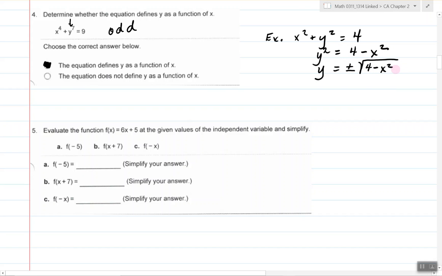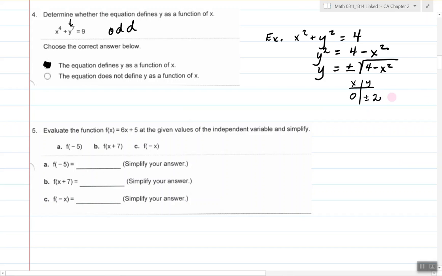If you picked a value for x, plugged it in, squared it, subtracted from 4, you would get two different answers. If x is 0, 0 squared is 0, subtracted from 4 is 4, plus or minus the square root of 4, you get plus or minus 2.